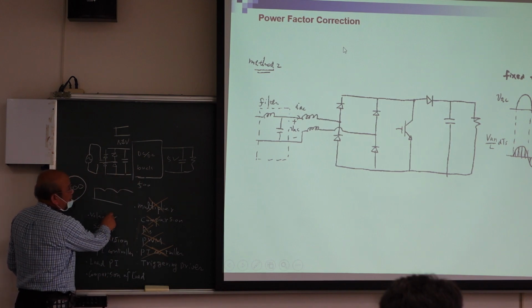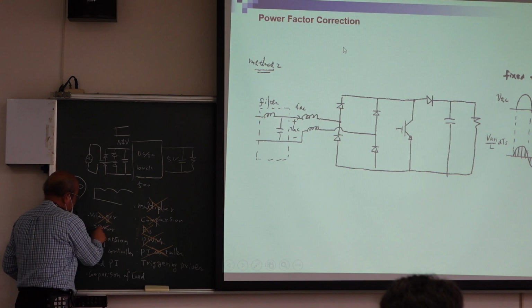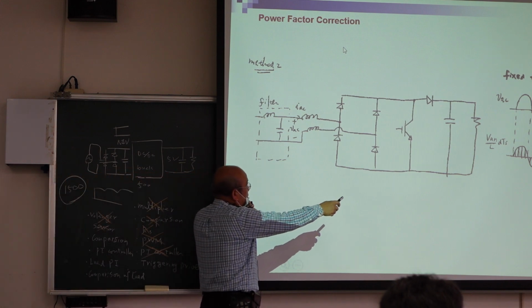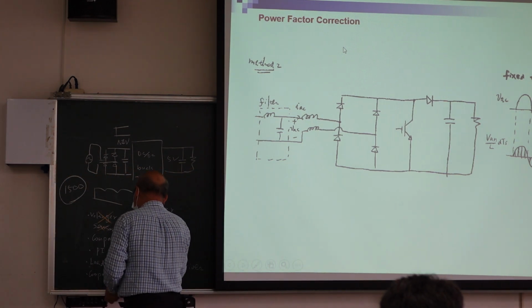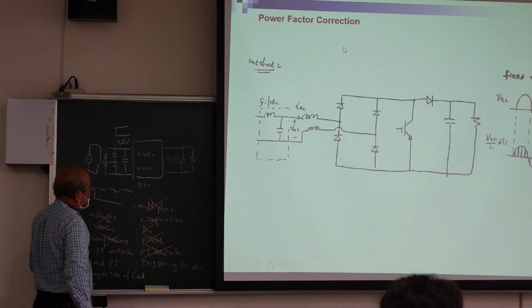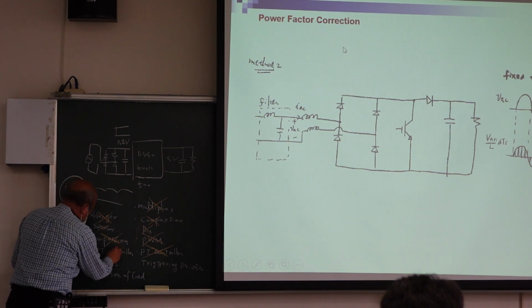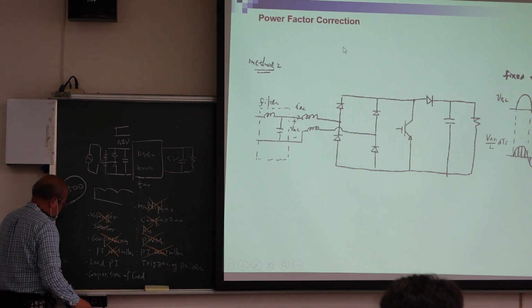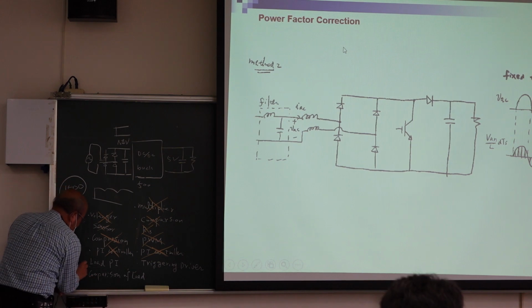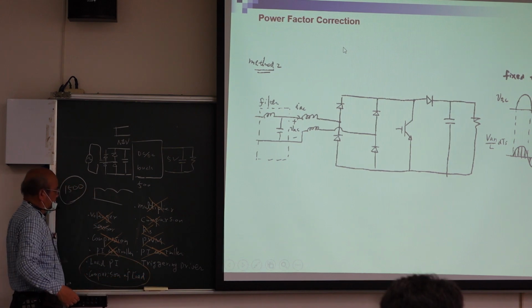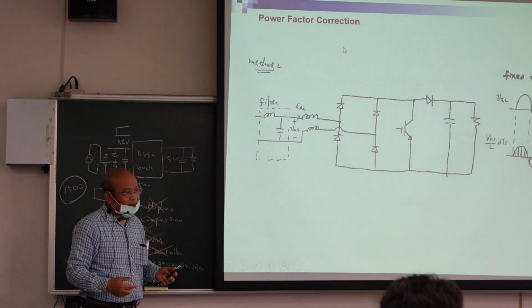So we do not have the voltage sensor for the output voltage, no sensor. We do not need output comparison. We don't need an output PI controller. The load is the same, we still keep it. So we remove a lot.